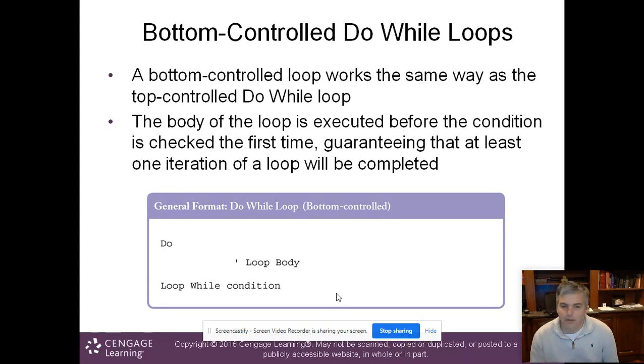Is it that big a deal to execute a loop once? Is it going to slow down the application that much? No, probably not, but it's a more efficient way to do things. So typically you're going to use top controlled loops, but just know that a bottom controlled loop is possible. It just might not be the most efficient way to do things depending on the way your application works.